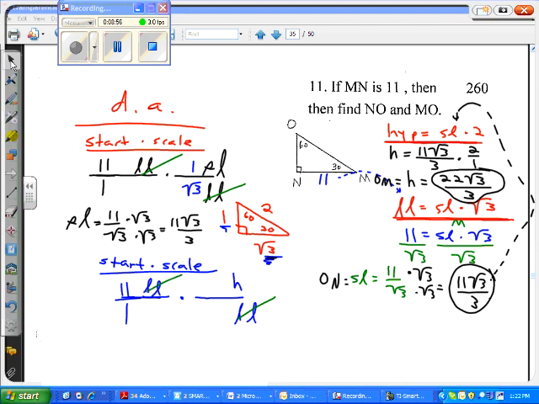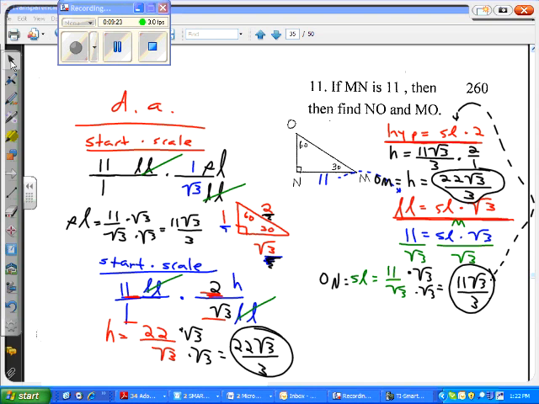In the diagram, long leg is square root 3 again, but hypotenuse is 2. And so we get that hypotenuse is equal to 2 times 11, which is 22, over 1 times square root 3, which is square root 3. We would then rationalize the denominator and get 22 square root 3 over 3, which is the same thing we got using our formulas.